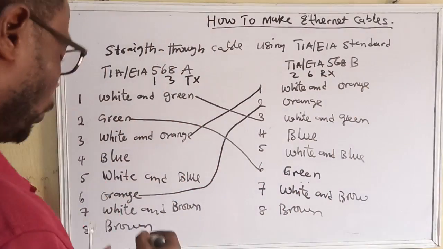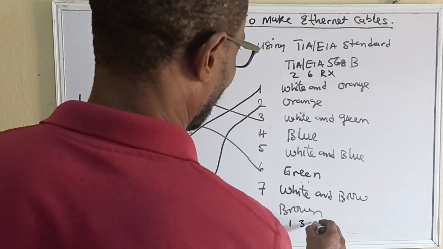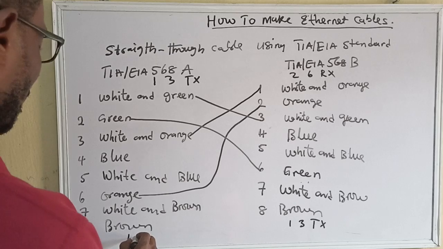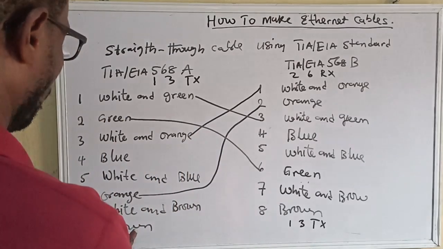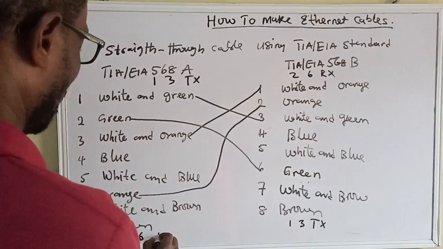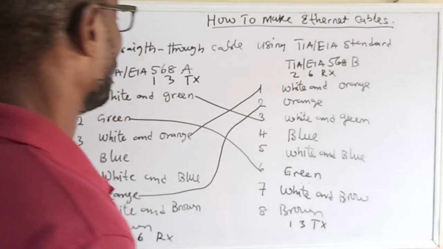So when you come here, one and three here transmit, and two and six receive. So that is how a crossover cable works.